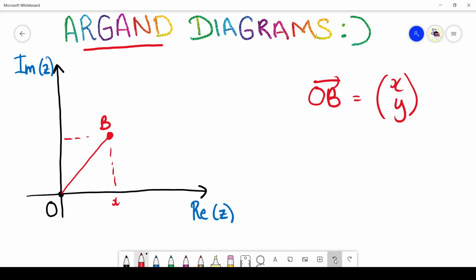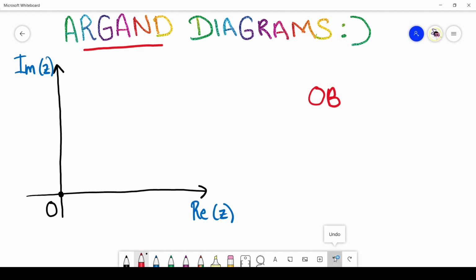Well, similarly, when you have a complex number, you're going to treat it just like you would vectors. And let me give you an example so you can see how we actually plot it.